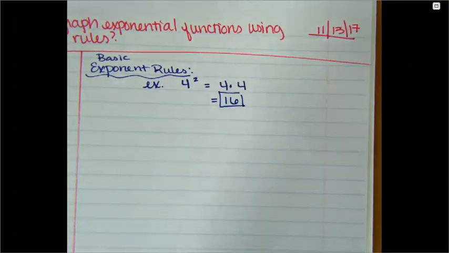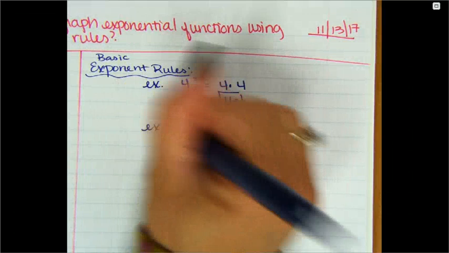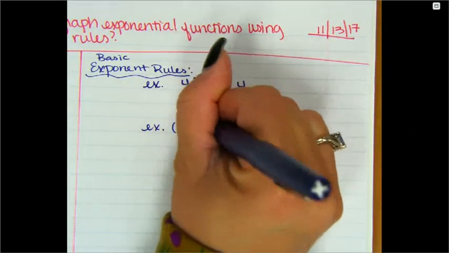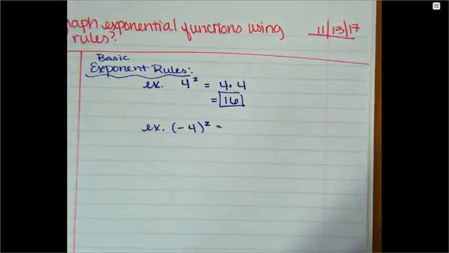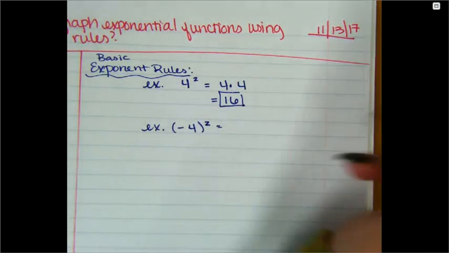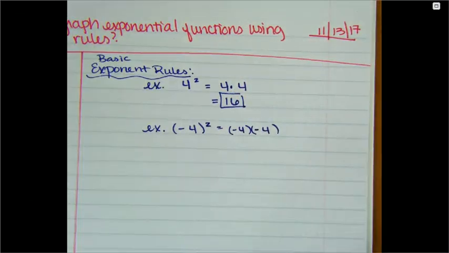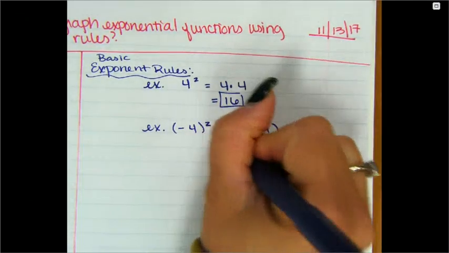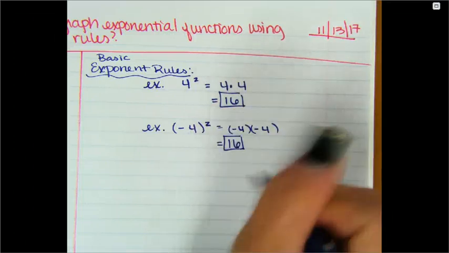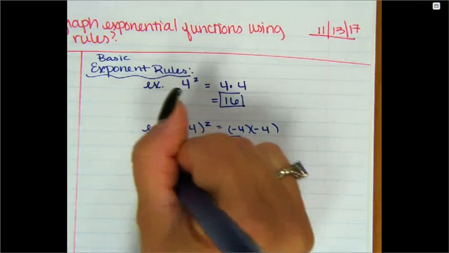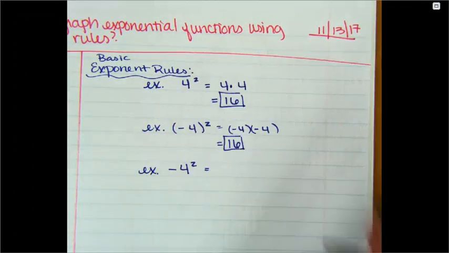Right? Let's review. What happens when I have negative 4 squared, like this, in parentheses? What does that mean? Good. Negative 4 times negative 4, which is then what? Positive 16. Good. And then what happens when I do this?